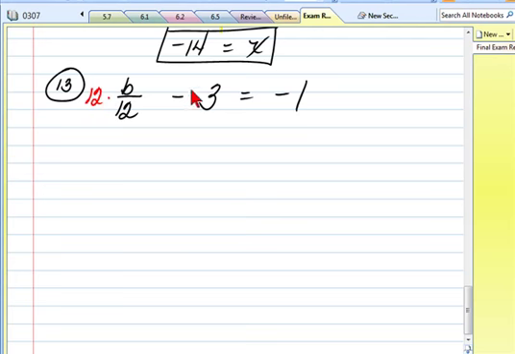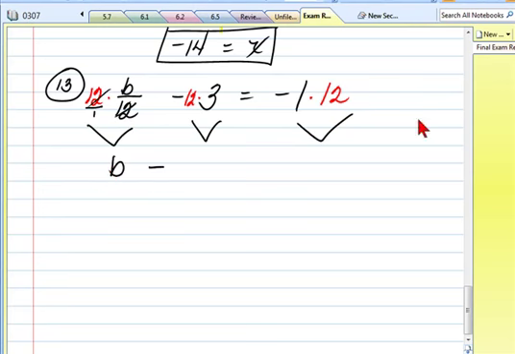12 times the first term, 12 times the second term, and 12 times the term on the right-hand side. I have 1, 2, 3 products. If you're multiplying that least common denominator times a fraction, then of course you need to put it over 1. Those 12s divide out, and you get b.